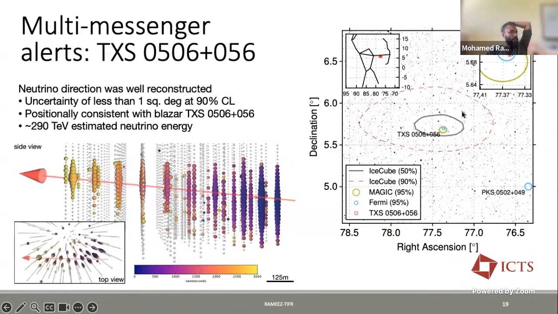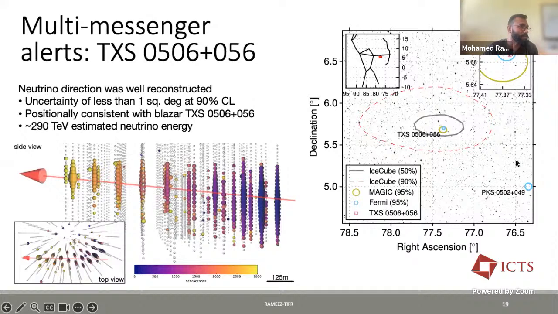These are the contours: the reconstructed contour at 90% confidence level of the IceCube event is shown here in red. The one by MAGIC is shown in green, and you can clearly see my statement about how neutrinos are not as good at angular resolution as high energy gamma rays or photons.